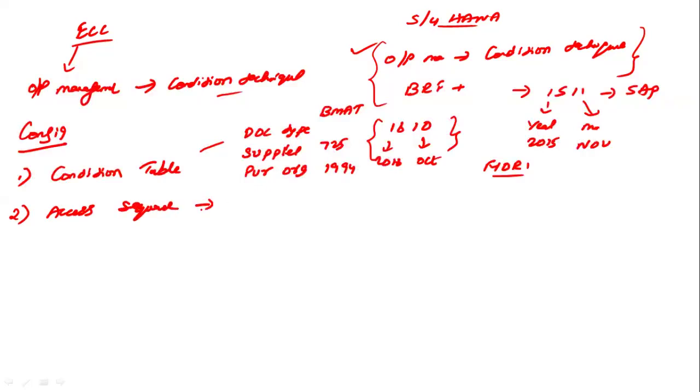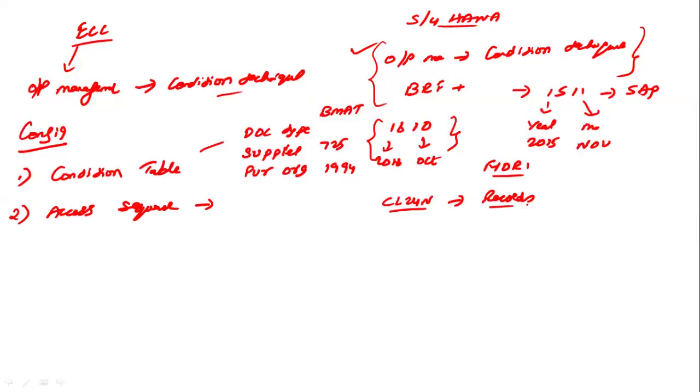Second thing, access sequence. This access sequence will play a very important role in upcoming configurations. Please remember that access sequence will automate things based on the records we give. So yesterday, we created the release procedure. We went to the transaction CL24N and we entered the records. What are the records? The values. So we entered BMAT, values, plants there.